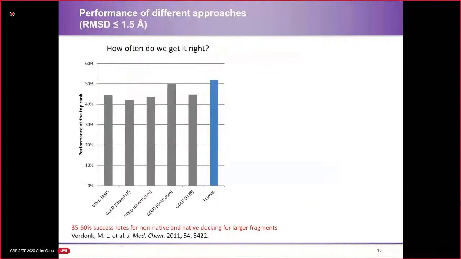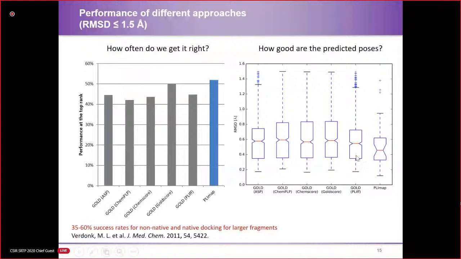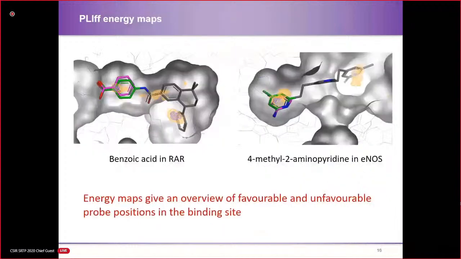So we outperform all the scoring functions on the quality of the score. Our average deviation in the prediction is just about 0.4 angstrom, whereas others are around 0.6 angstrom. This is quite important in drug design to get a better binding orientation, binding pose, so that you can design new molecules.